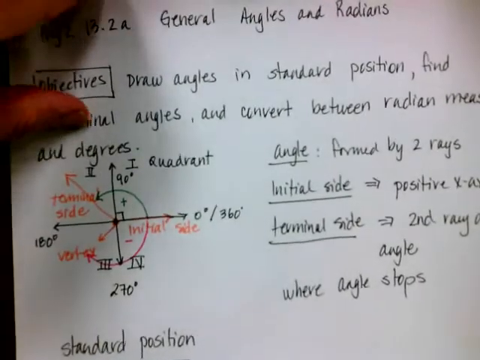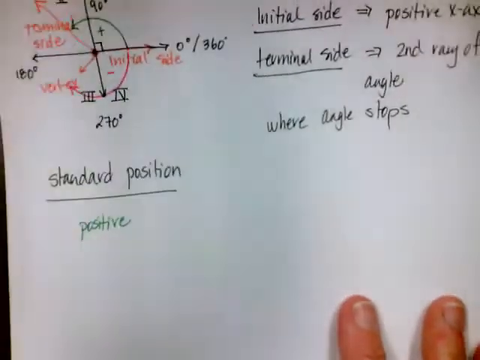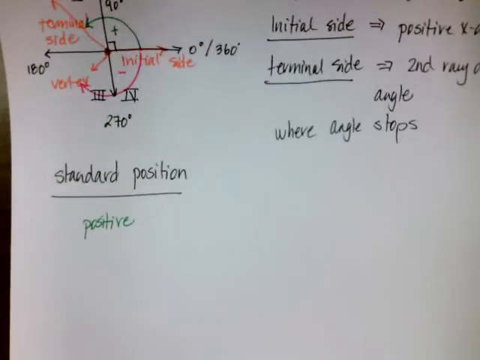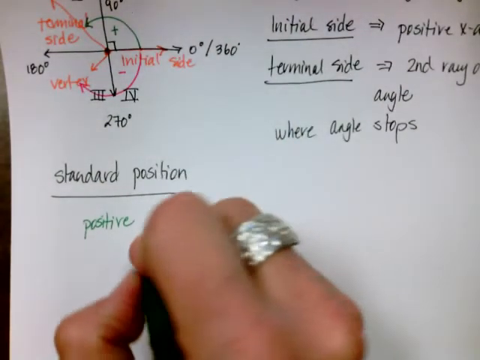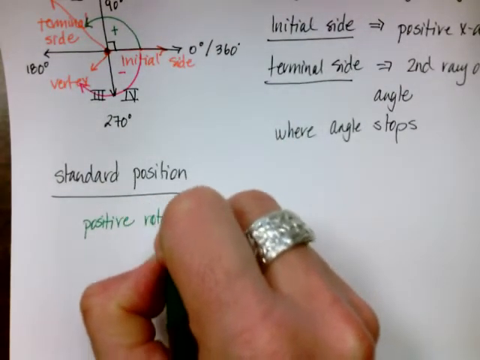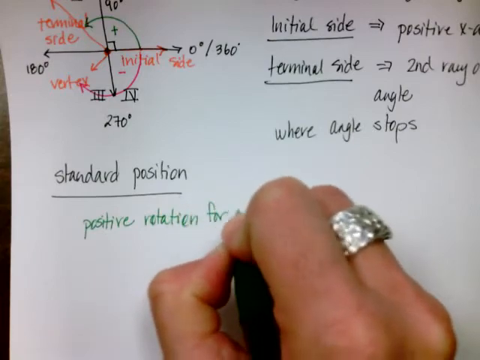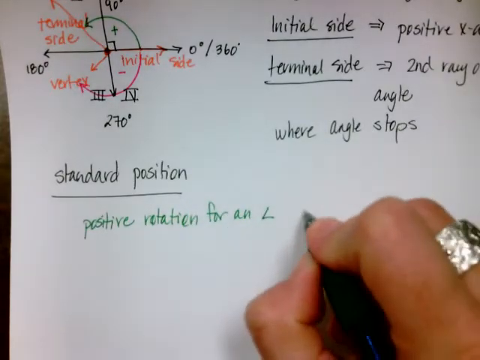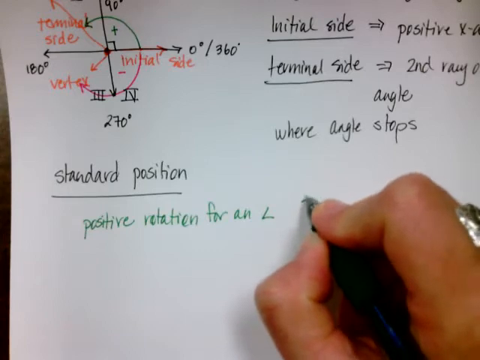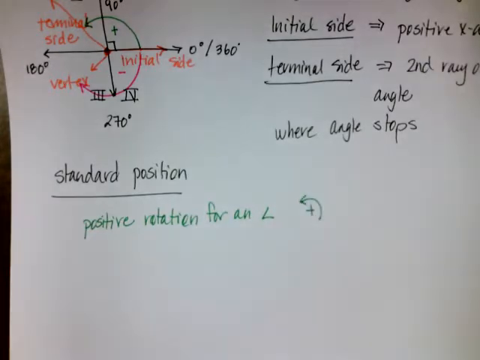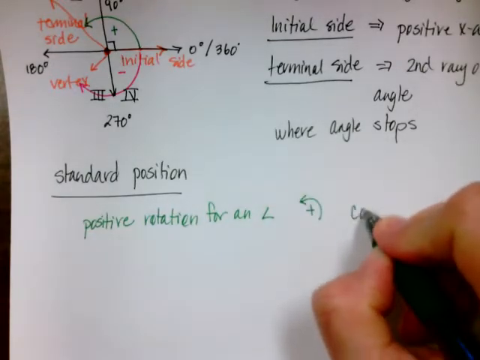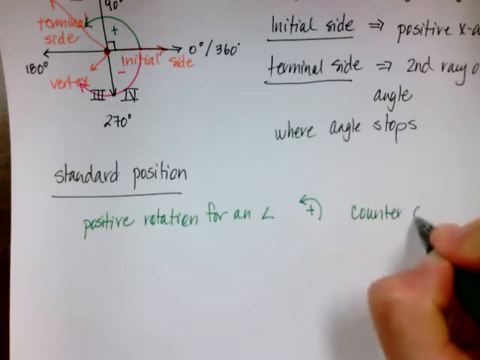So in our trig, a positive rotation for an angle is always going to be counterclockwise, okay, and that's the way that we show it, and I'm going to write the word counterclockwise.